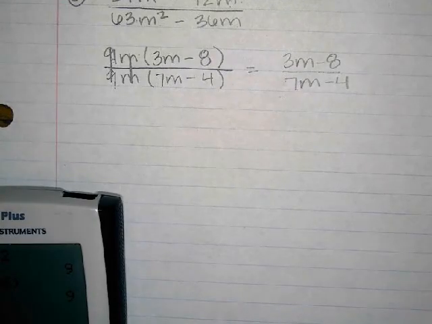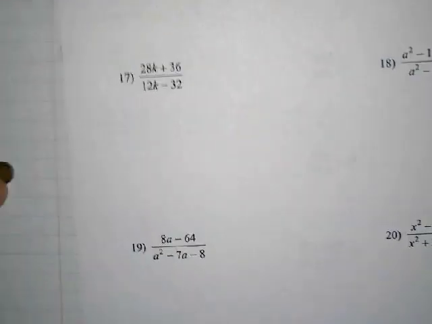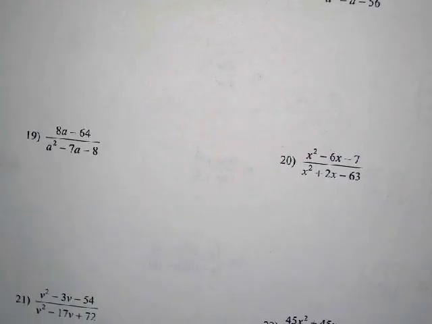All right, let's try some that are on your sheet, because there's quite a few on there. All right, which one would you guys like to do? 18? Okay.